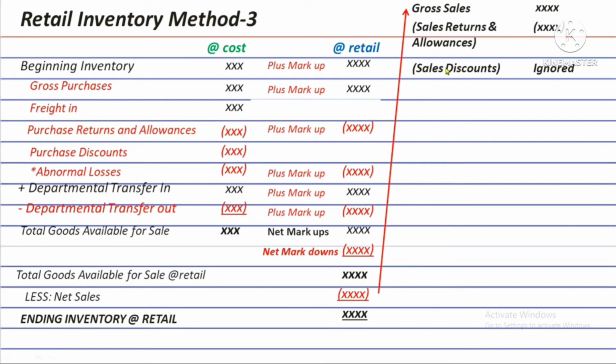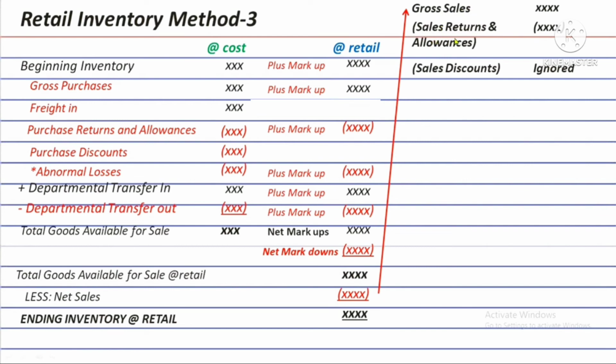That is why we should ignore this sales discount. The question is why? The first reason is that the sales discount does not reflect physical flow of units of inventory, unlike the sales, where actual units of goods are given away to customers, meaning there is an outflow of physical inventory when we are talking about sales.